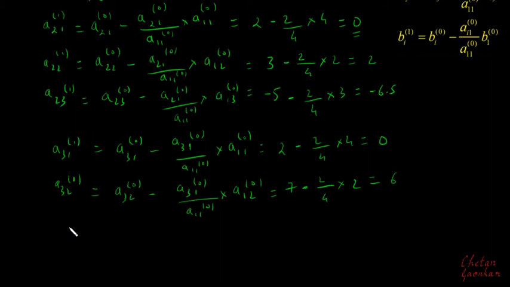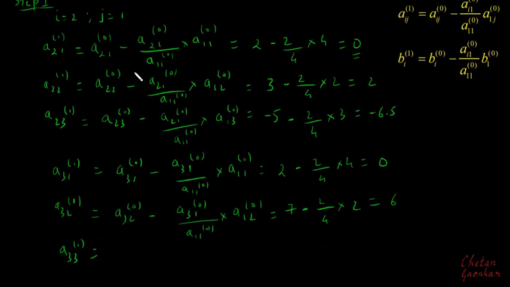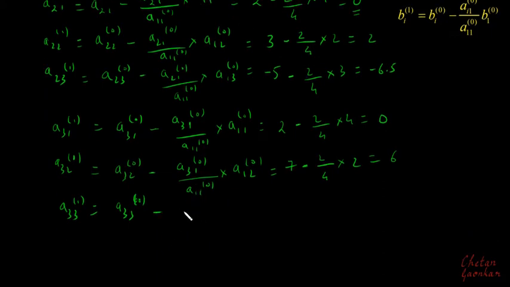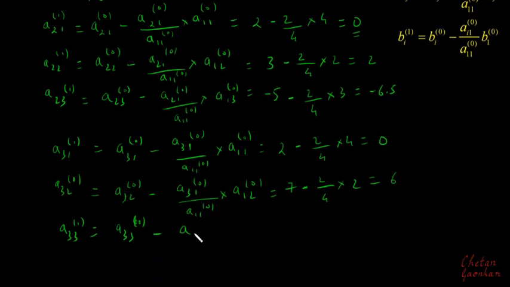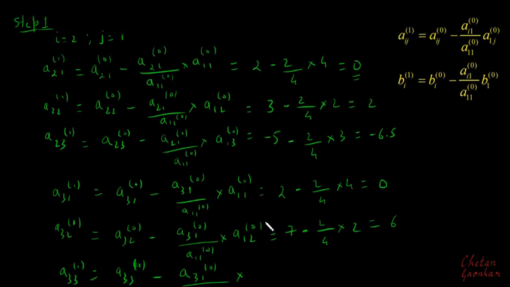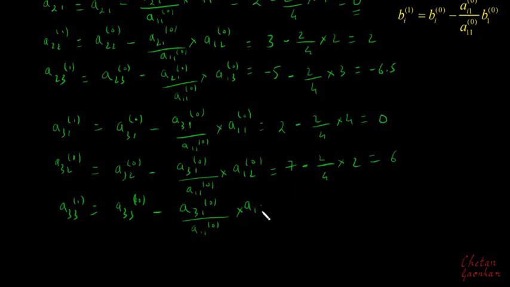Then similarly, if I now try to find the a33 new value, that is this value, it will be a33 original minus a31 original divided by a11 original multiplied by a13 original.